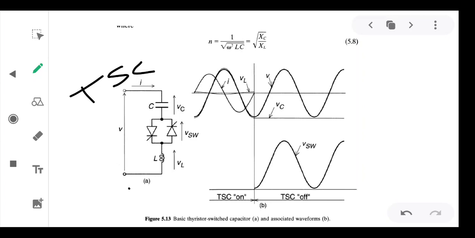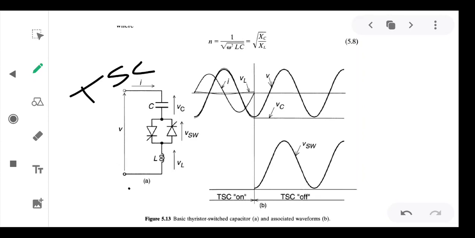V is the voltage across TSC, current I is the current flowing through it, whereas Vc is the voltage across the capacitance, VSW is the voltage across the thyristor switch, and VL is the voltage across the inductor.